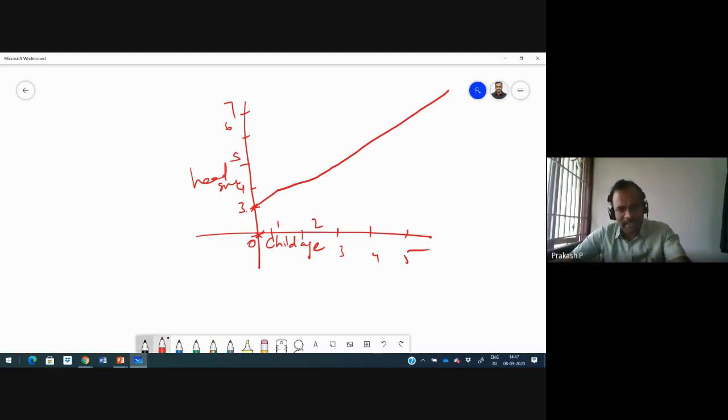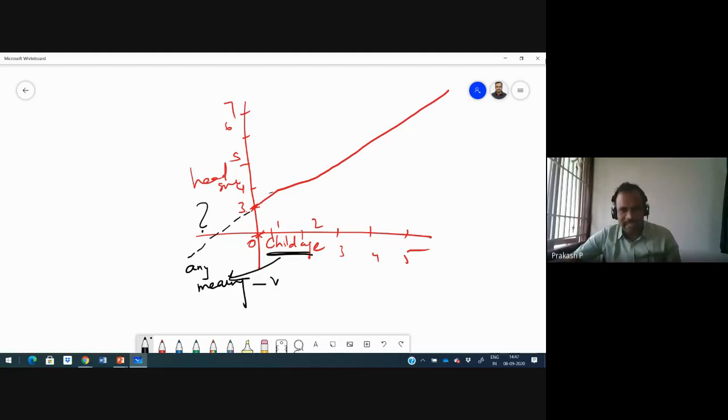There is a possibility I can extend the line here itself. Will it have any meaning to extend this line? Is there any possibility of the child's age becoming negative? No, this is not possible.